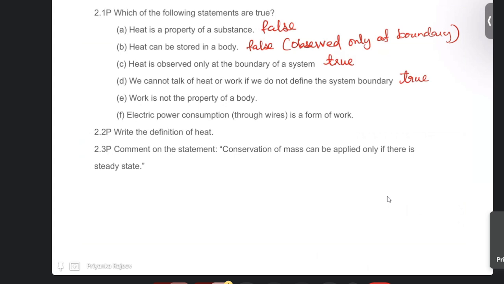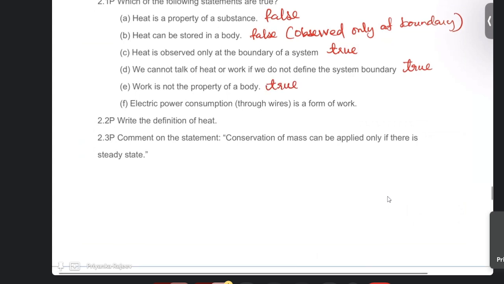So if we don't define the system boundary, then we cannot talk about heat or work. Work is not a property of the body. That is true, because work is also just like heat. It is observed at the boundary. It is not a property of the boundary.